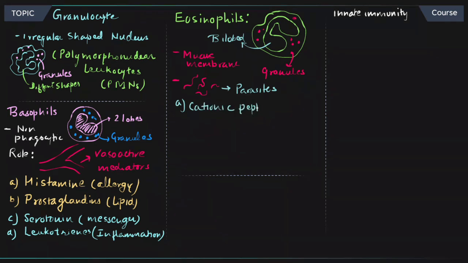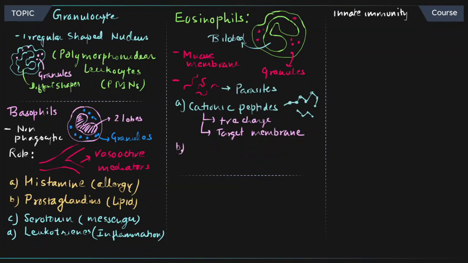It releases peptide molecules, which are nothing but chains of amino acids, that is what I'm drawing right over here, and they are positively charged. What they do is target the membrane, and that's why they kill the pathogens.